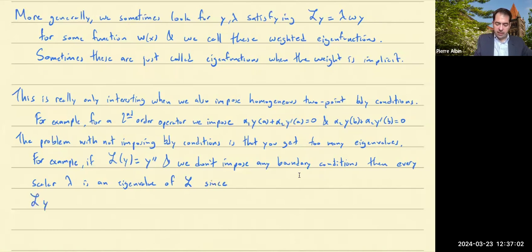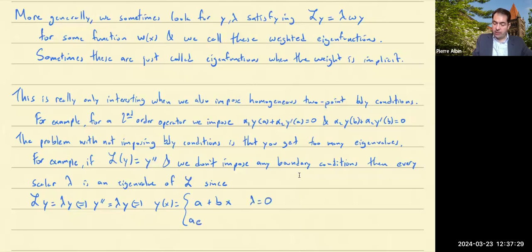Since L of y equals lambda y is the same as asking y double prime is equal to lambda y, which is the same as asking that y of x be, well, if lambda is equal to 0, you would just get a plus bx.